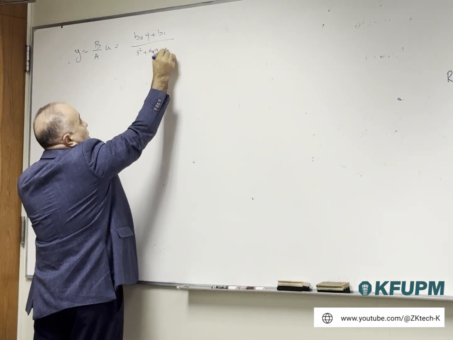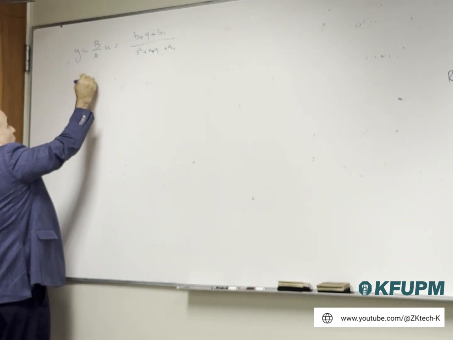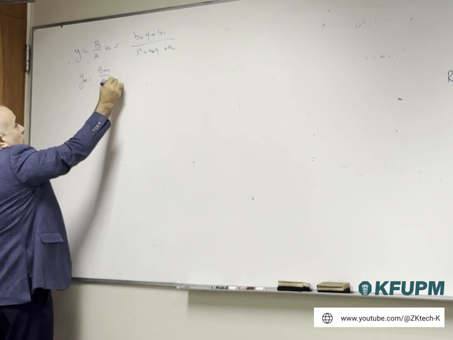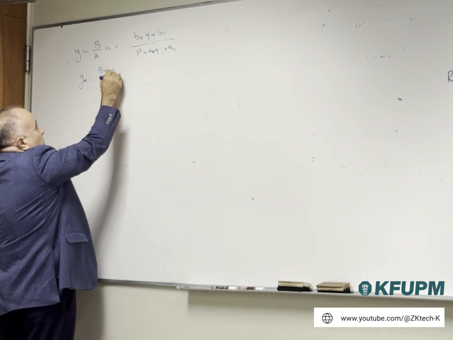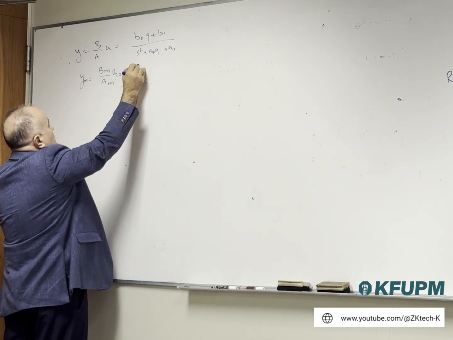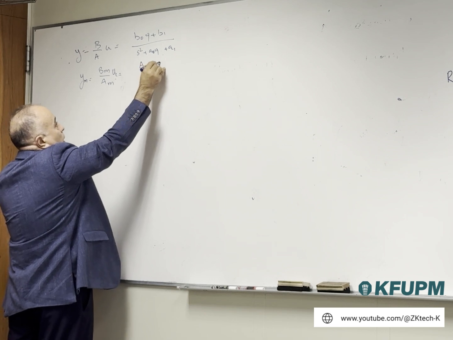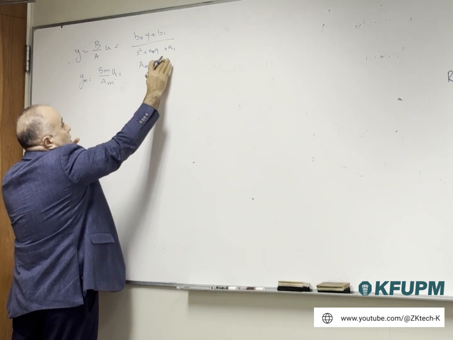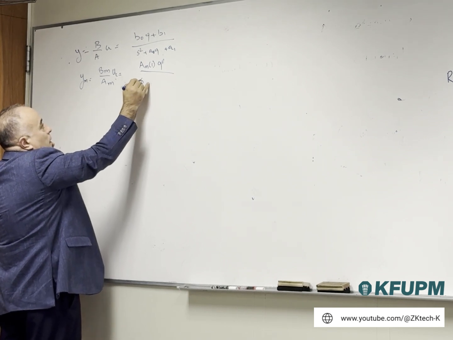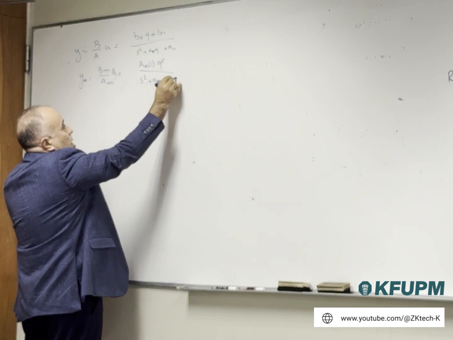And then we selected the reference model, Ym equal to Bm over Am times UC, and we said that this is equal to Am1 multiplied by Q to the power D0, at this time D0 is equal to 1, divided by Q squared plus Am1Q plus Am2.